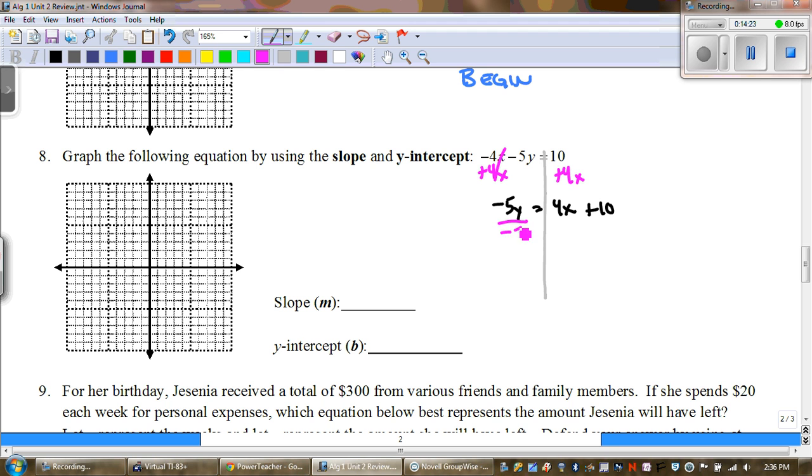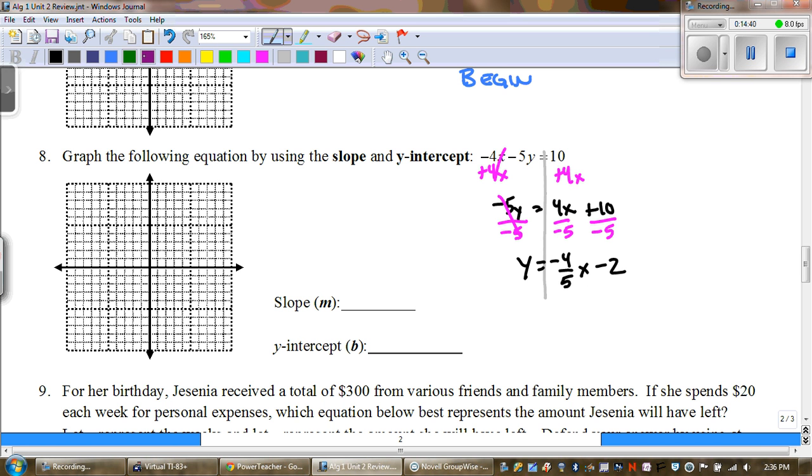The next step is to get the y all by itself, so I'm dividing everything by -5. Do not forget your negatives. Okay, so we get -4/5 x minus 2.